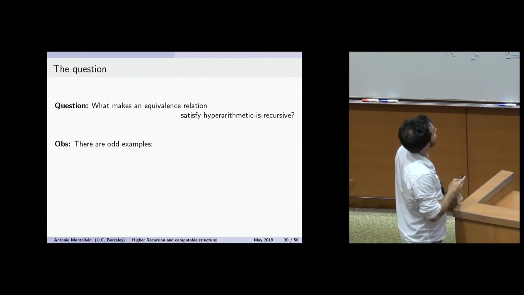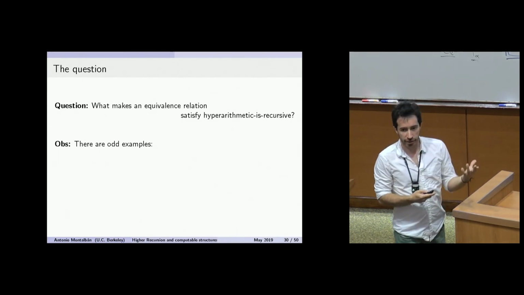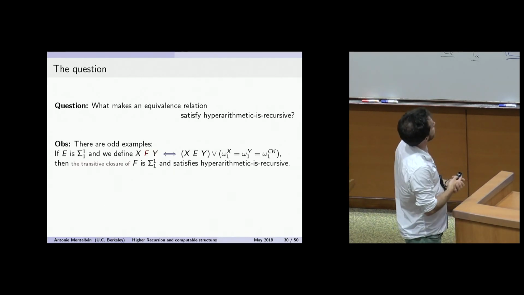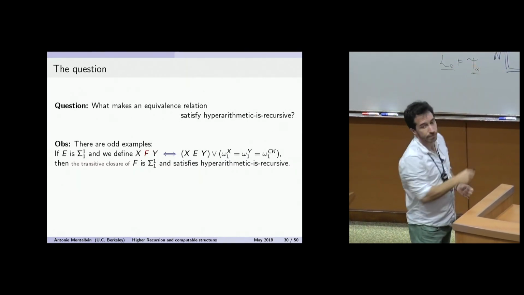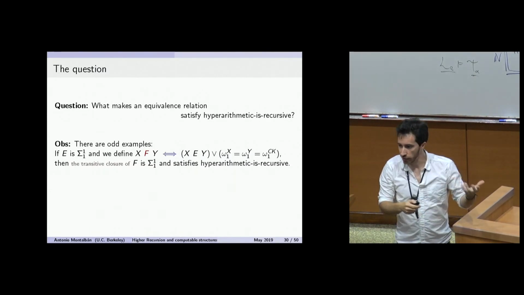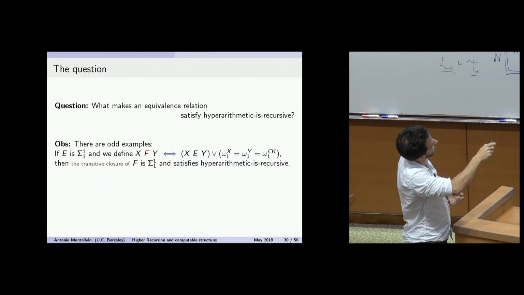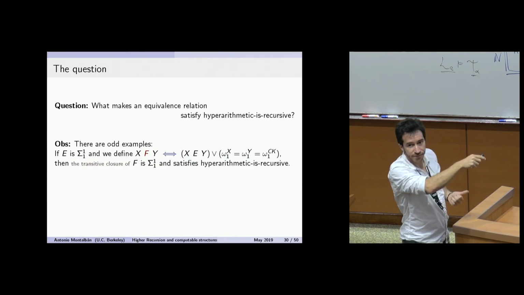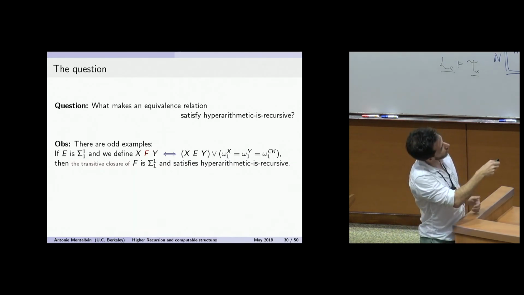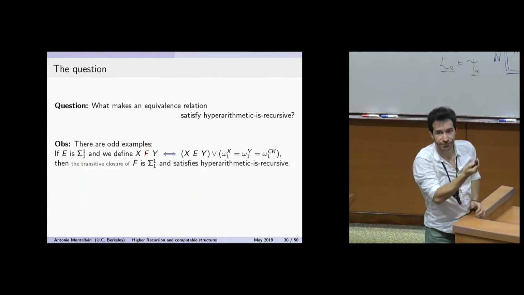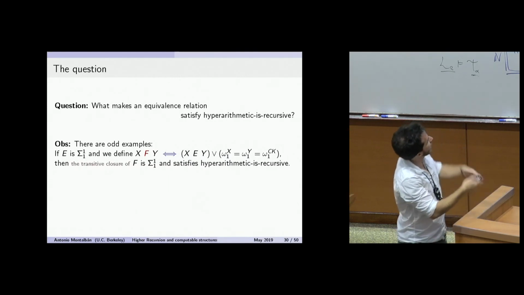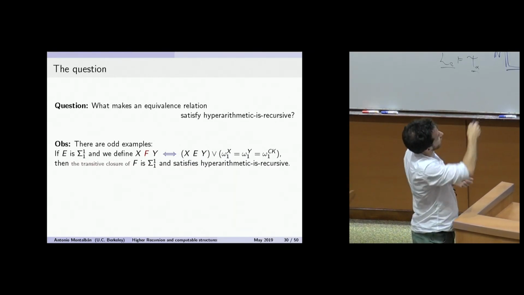Before that, we have to be careful with the question because you can build odd examples. For instance, if E is an equivalence relation that is Sigma^1_1, you can define a new one that does the following. Two things are equivalent if they are equivalent using E, or omega_1 is equal to omega_1^CK. For the things with omega_1 equal to omega_1^CK, we make them all equivalent. For the rest, we use E. If this is not an equivalence relation, you take the transitive closure.